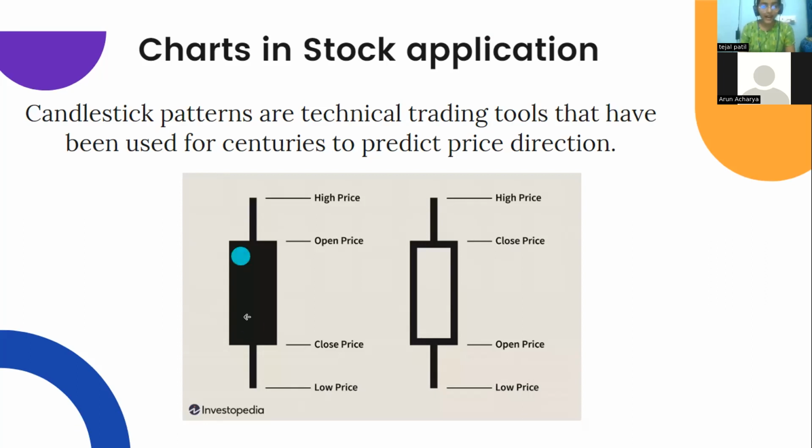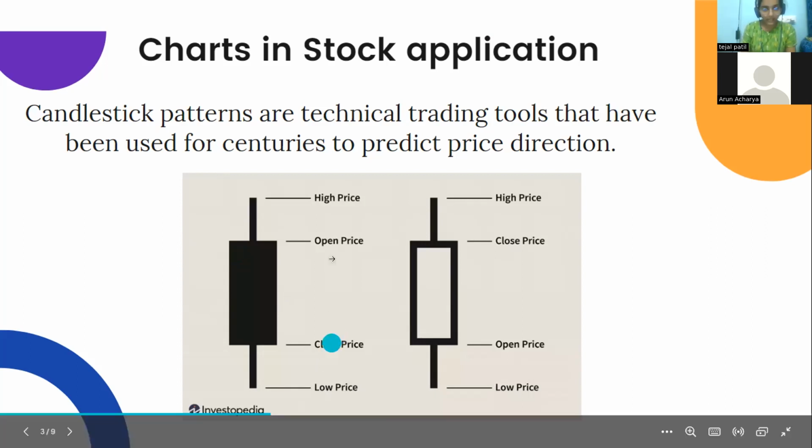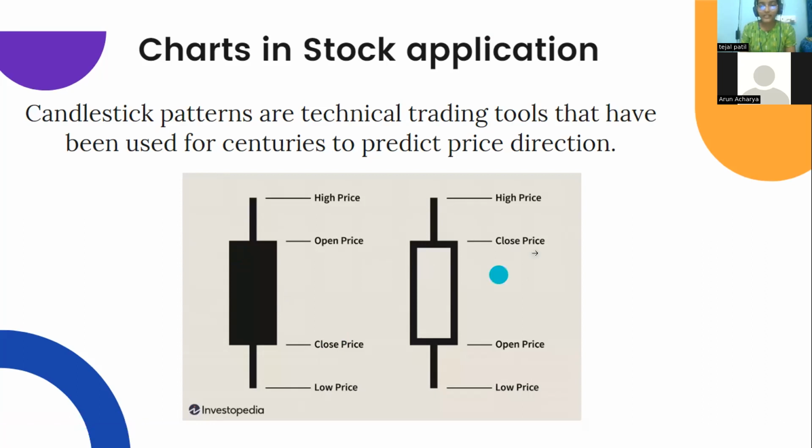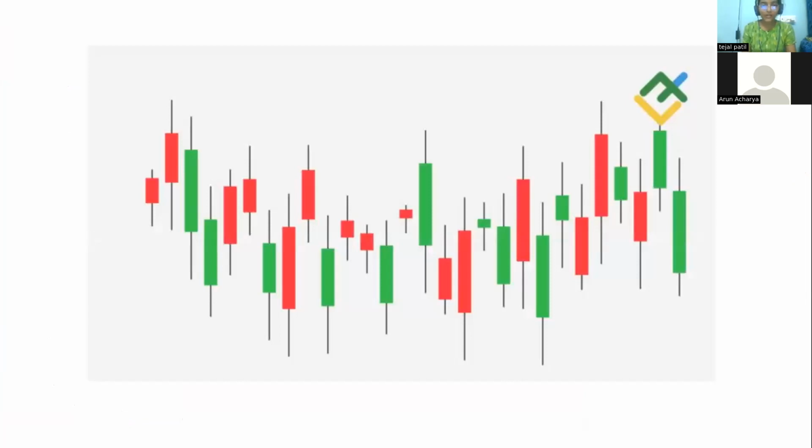It has a wide part called the real body, and when it is filled or black, the close price is lower than the open price, and when it is empty, the close price is higher than the open price. So when you use a stock application, you can see the candlestick pattern like this.